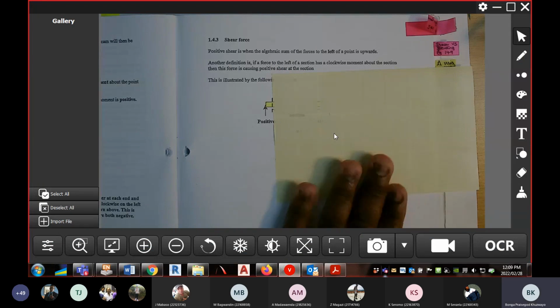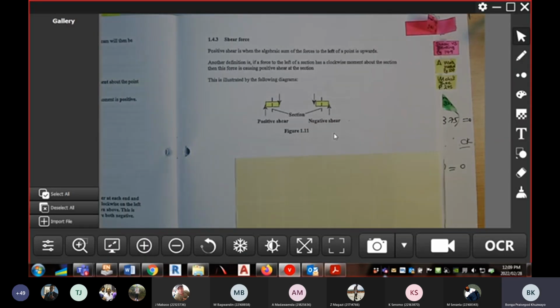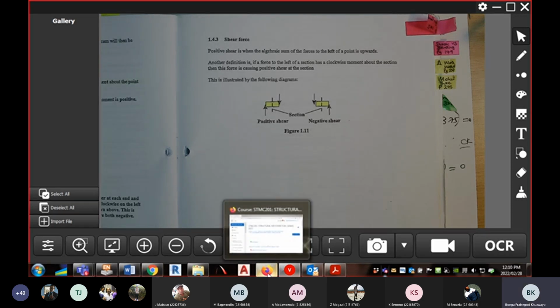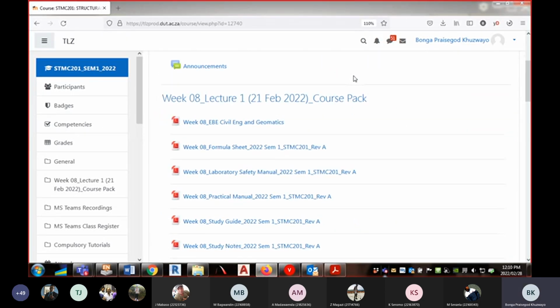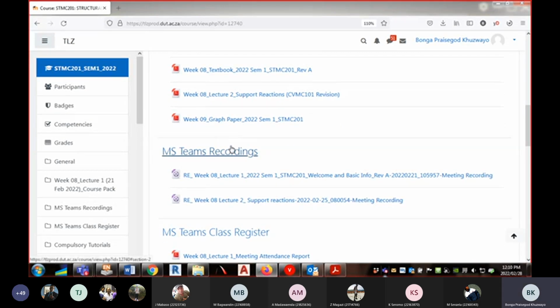Now the rest is pure equilibrium. For example, if you have up here, then you have to have down there on the other side. That's pure equilibrium.